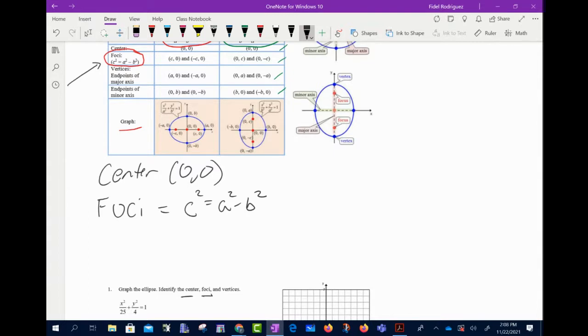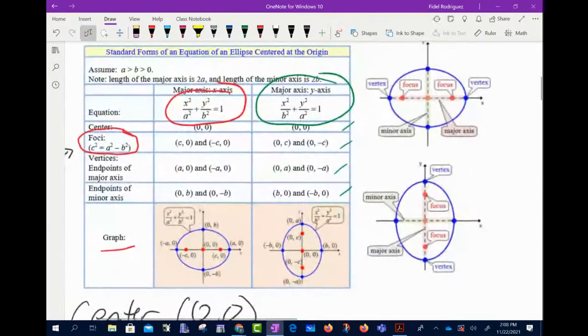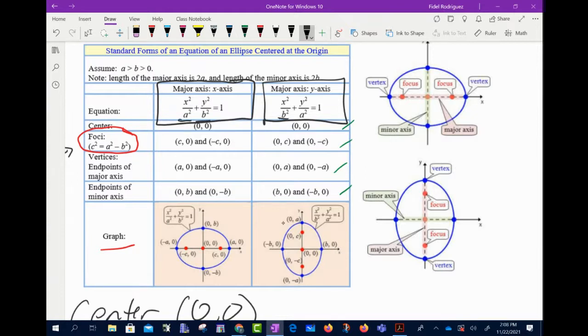Okay? So I'm going to scroll back down here, and we've got to figure out: is our ellipse going to have the major axis as the x-axis or the major axis as the y-axis? So what we need to figure out is we're going to compare the numbers a and b, okay?